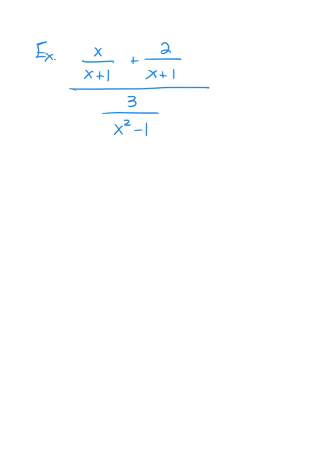Okay, so the steps are the same. It's just this is more complex. Remember, we know that x squared minus 1 equals, when I factor, x minus 1, x plus 1. So my LCD is that, which is x minus 1, x plus 1.